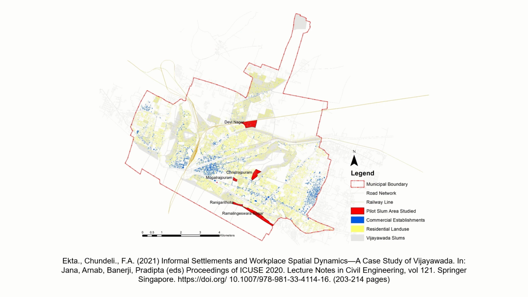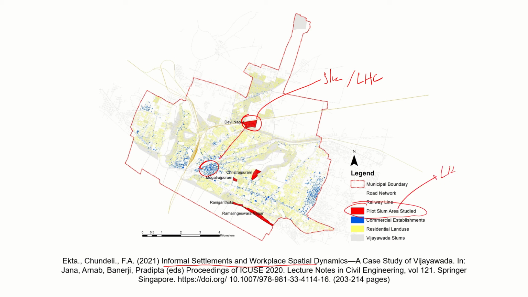Another application we did was on informal settlements and workplace dynamics. Is there a relationship between informal settlements, like for example slums or low income housing colonies, and the workplace? The blue areas that you see are commercial, and the red ones are the areas which are actually slums or low income housing settlements.